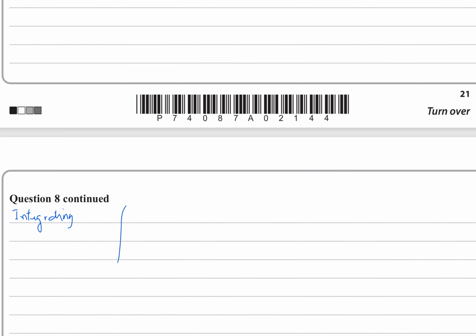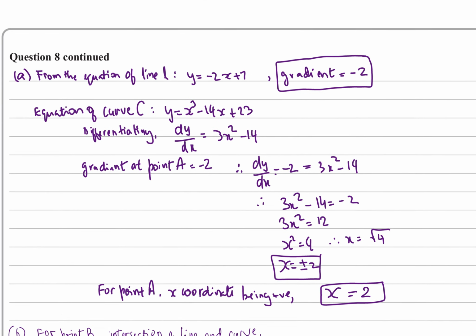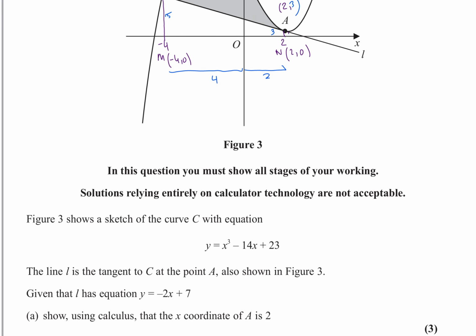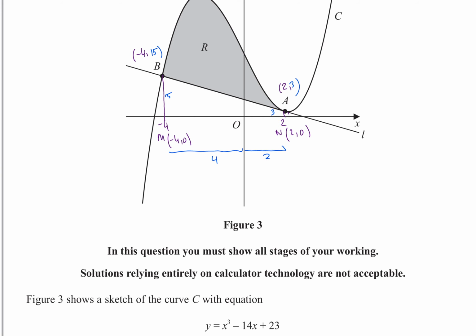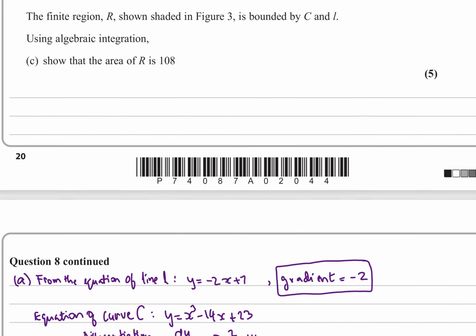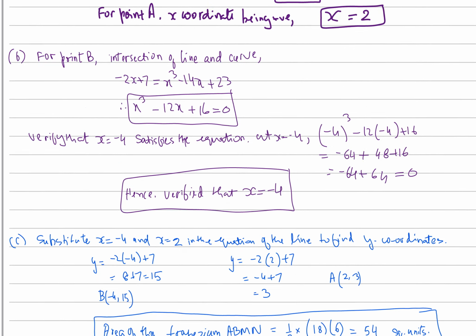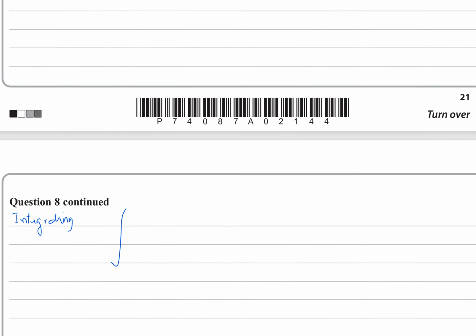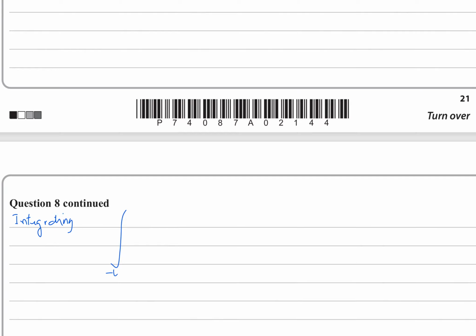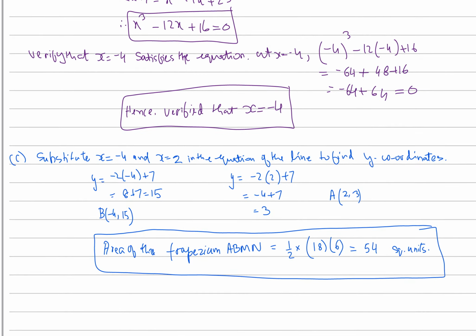The region is minus 4 to 2, and then we need to break it down again. And what is the equation of this curve?